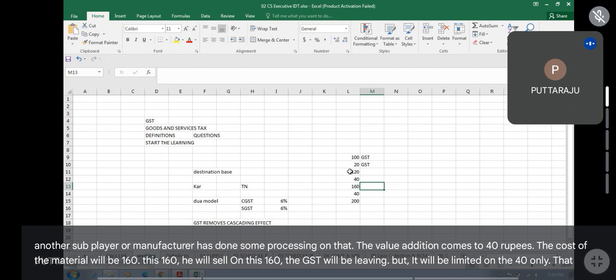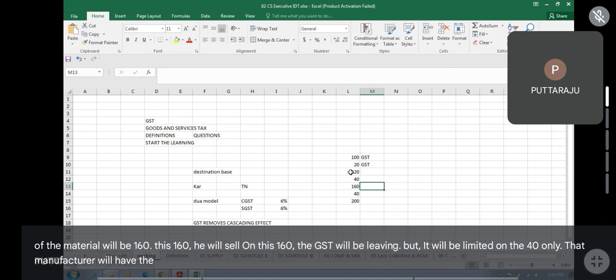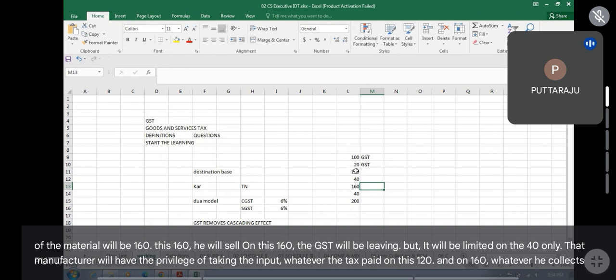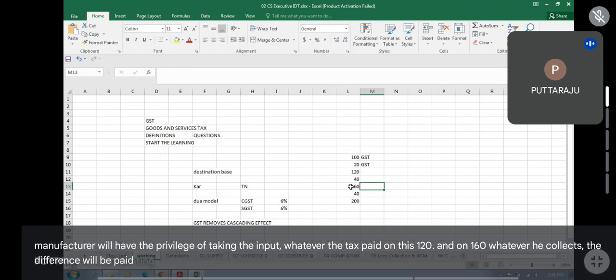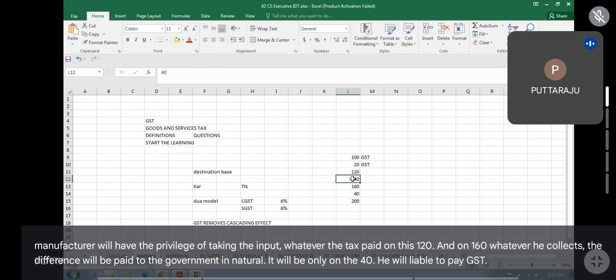That manufacturer will have the privilege of taking the input, whatever the tax paid on this 120, and on 160 whatever he collects, the difference will be paid to the government. In nutshell, it will be only on the 40 he will be liable to pay GST.